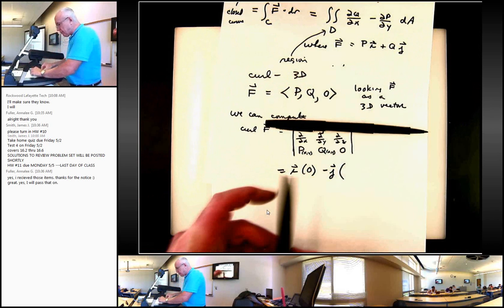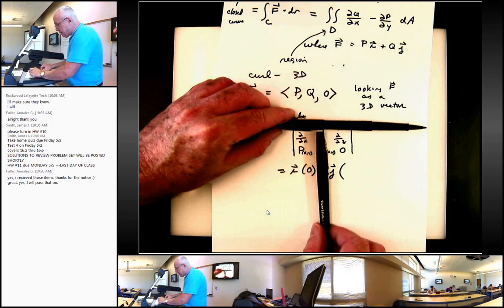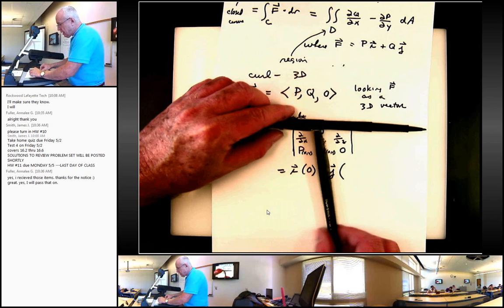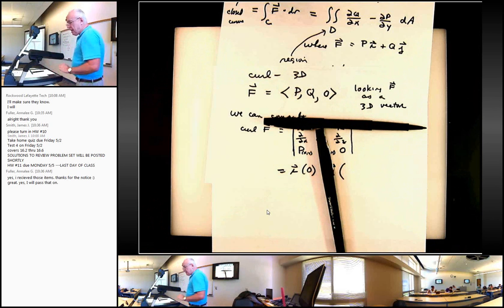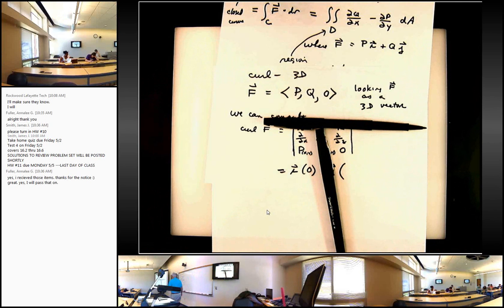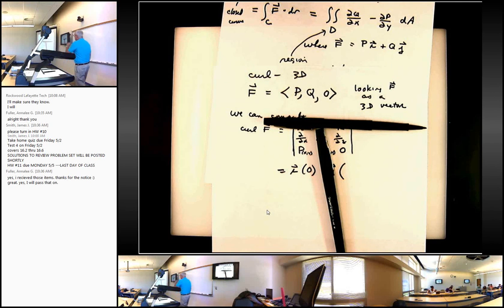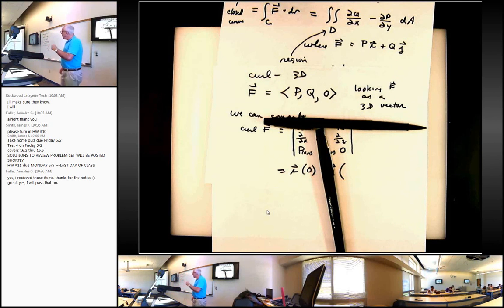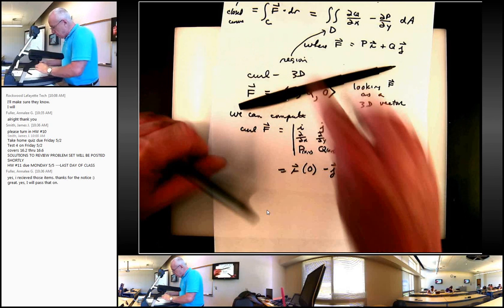Let's blot out the first row and the middle column. On the down diagonal, we have, again, partial x of 0, well, that's 0. And on the up diagonal, we again have partial z of p, which only has x and y. So both of those are also 0.